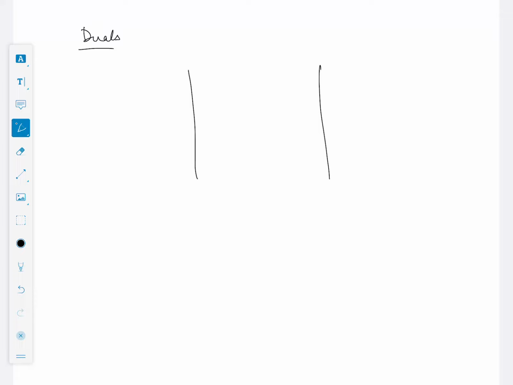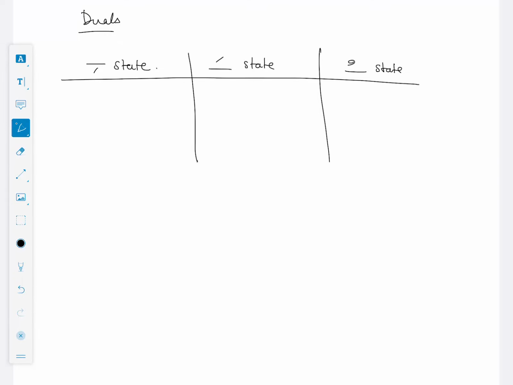Let's make this table for duals: if it's in a Dhamma state, Fatha state, or Kasra state. The suffix to add to a word in the Dhamma state would be Ani.